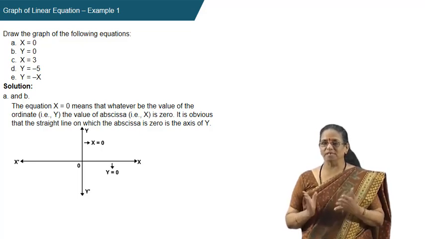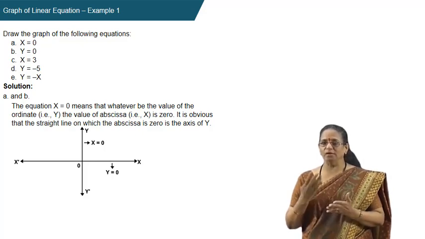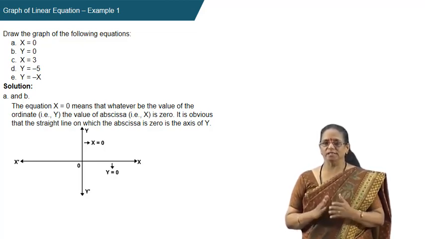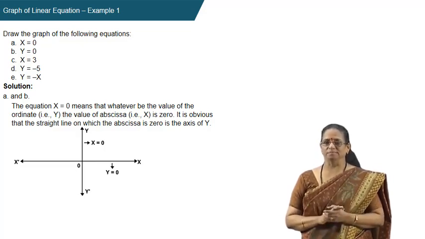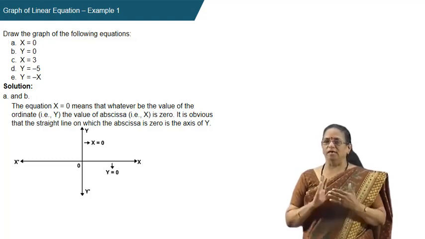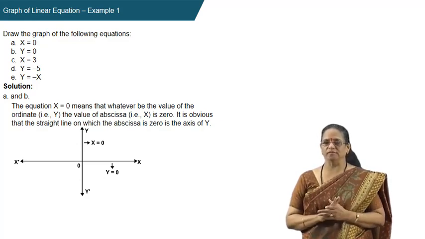When I say abscissa, I am talking about x-axis. So the equation x equal to 0 means for any value of y, the ordinate, your x will always be 0. And x coordinate is 0 on the y-axis. So the equation x equal to 0 represents y-axis. So this is the graph of the equation x equal to 0. X equal to 0 is your y-axis as shown in the graph.